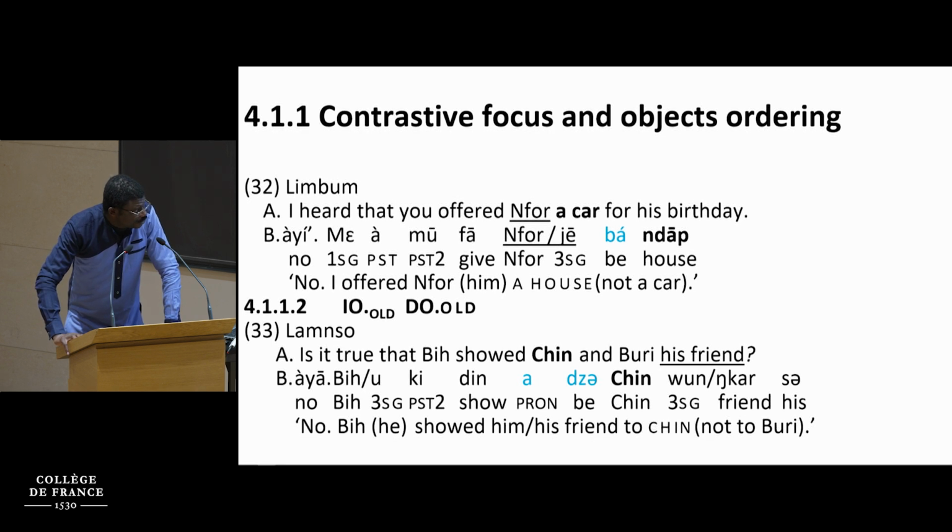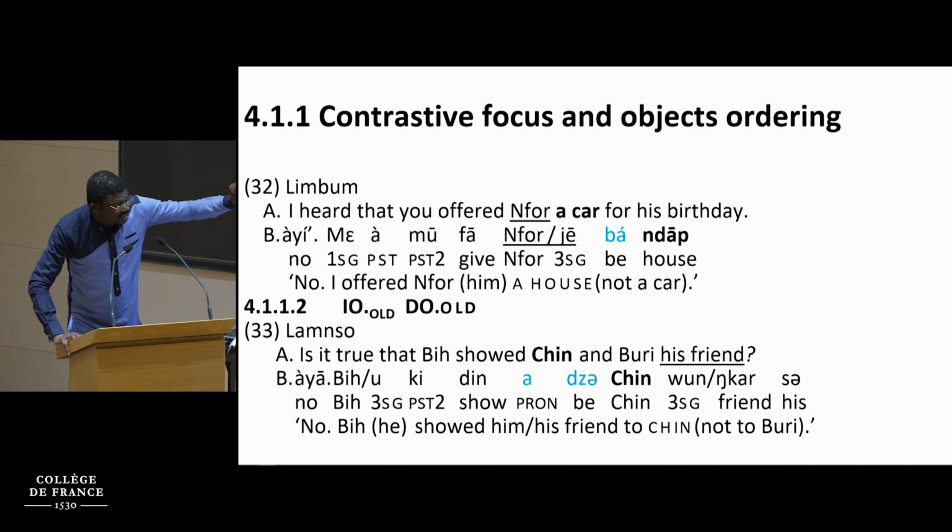You can say no, he showed him to Chin, not to B. Normally the indirect object here is Chin, and the direct object is my friend, or his friend. So you have that old, then both are mentioned in the discourse actually, right?